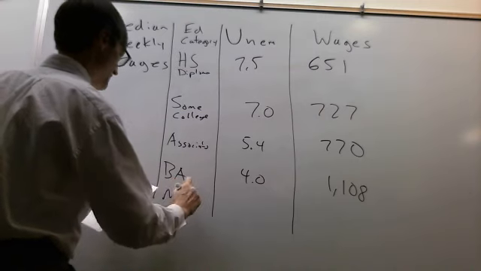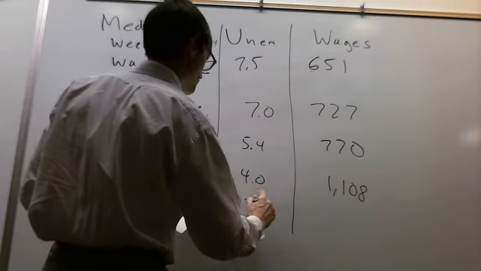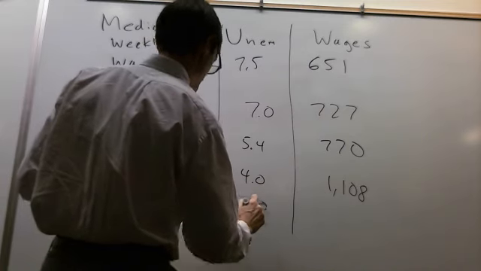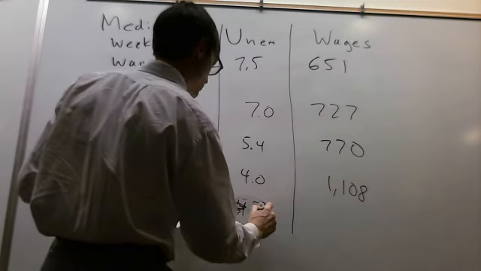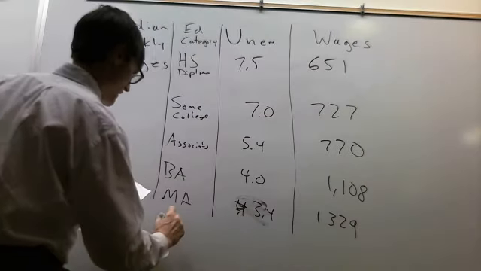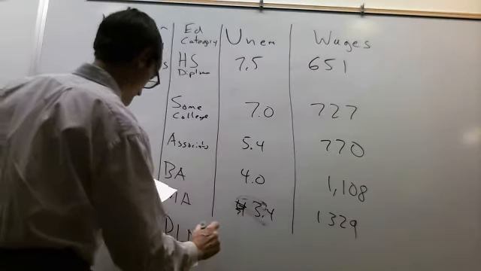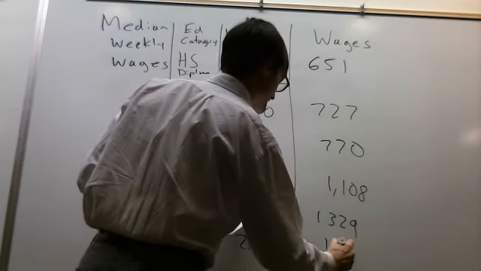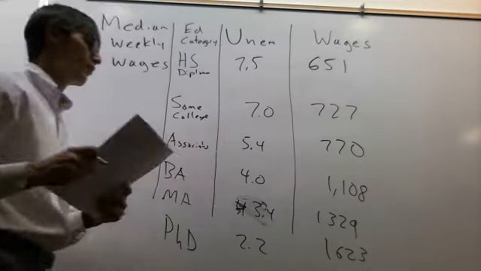A master's, 1329. Sorry, the wrong column there. 4% is that one, and so this one is 3.4%, 1329, and a PhD, 2.2% for the unemployment rate, and 1623.